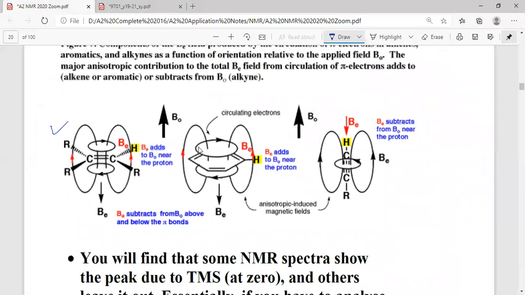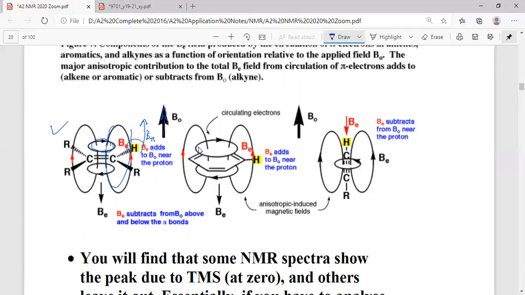Now this hydrogen here. This pi electron cloud goes down here. It will create a field going down and up. So the field created by the pi cloud is going up here, the same direction as the external field.